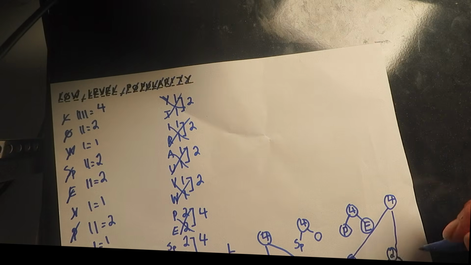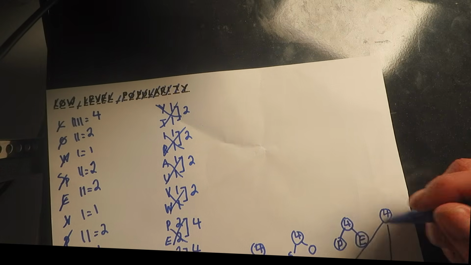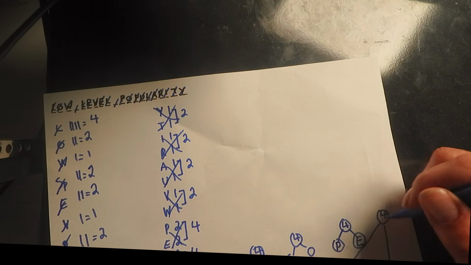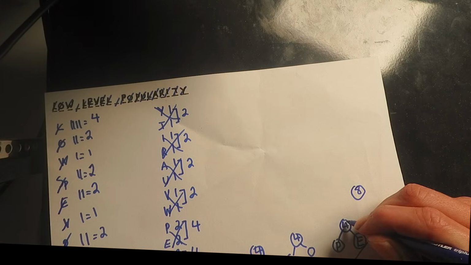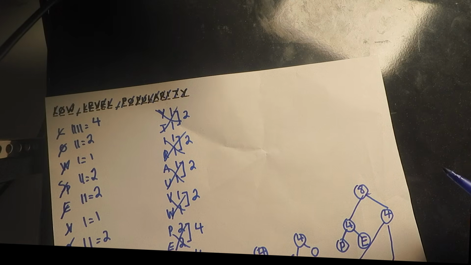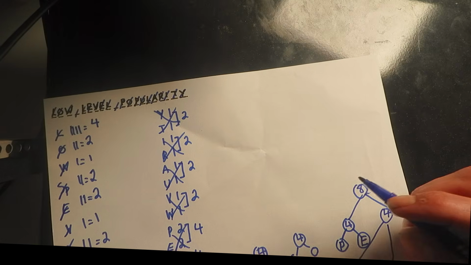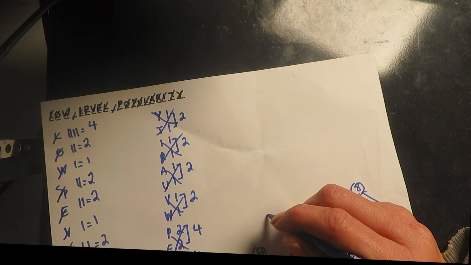So let's continue building this thing. So now we can pair these two 4s here and make an 8. Which will be on the next level. And here we have two 4s, which make up an 8.